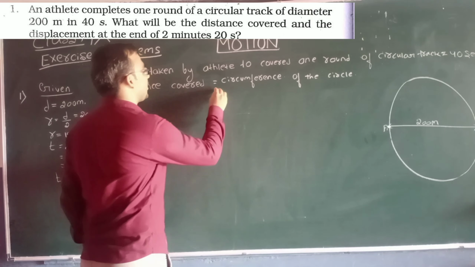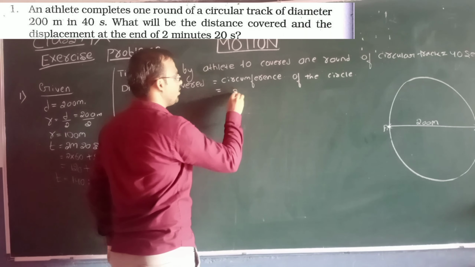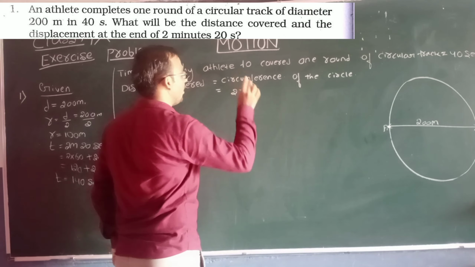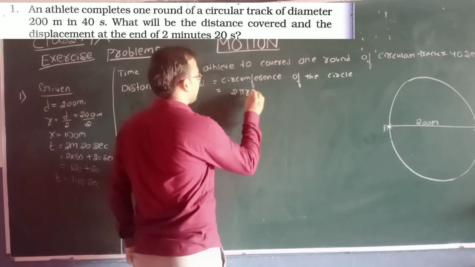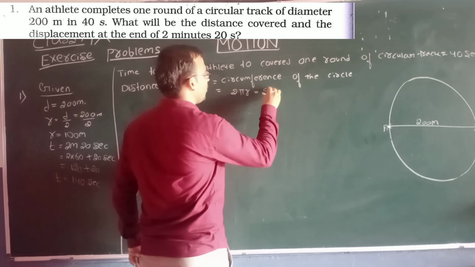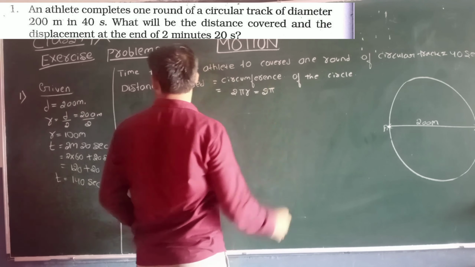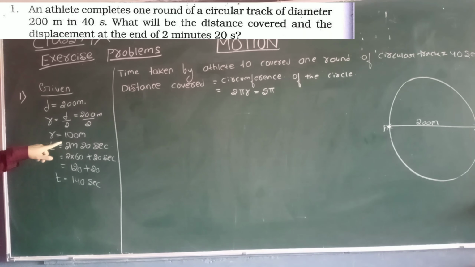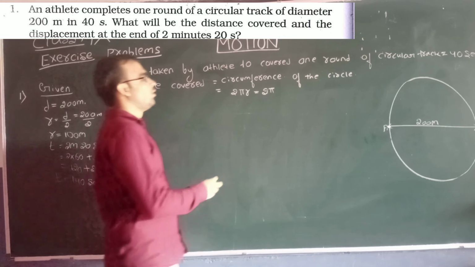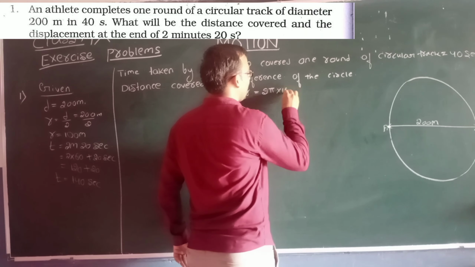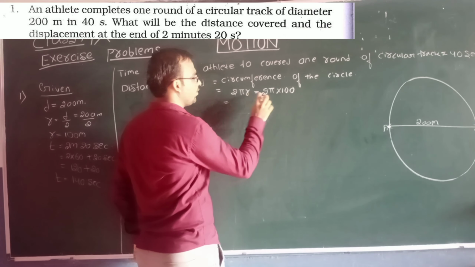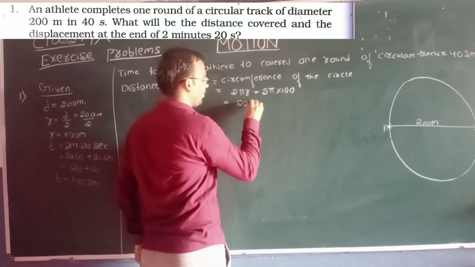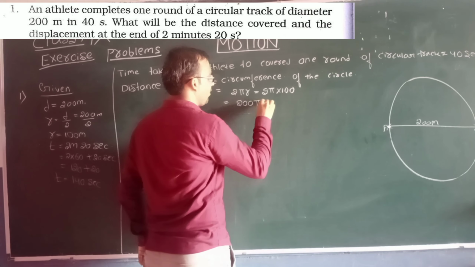Next, what is the circumference? Circumference is 2 pi r. We can write 2 into pi into r, and r is 100, so into 100, therefore it is nothing but 200 pi meter.